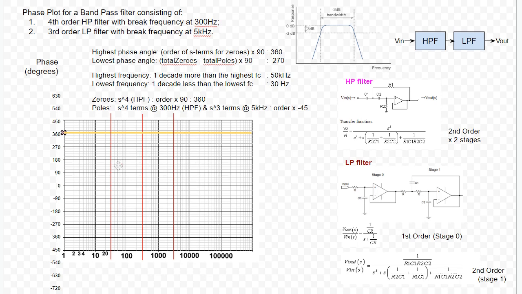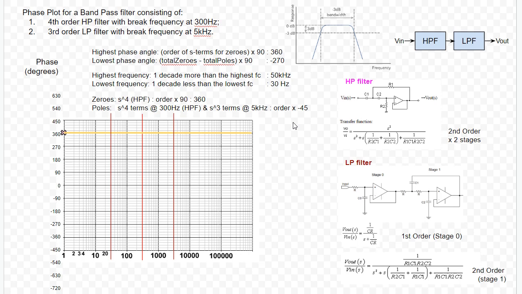Now we have the frequencies marked. So the way we put our marker for the 300 hertz cutoff frequency is, we need to work out what is the order at that frequency. Well, it's a 4th order. So the phase we're looking at for poles will be the order times -45. So we're talking about 4 times -45.